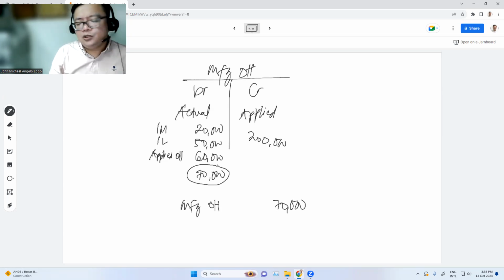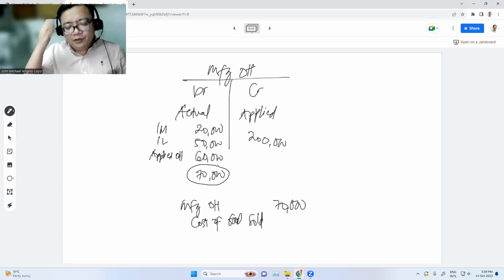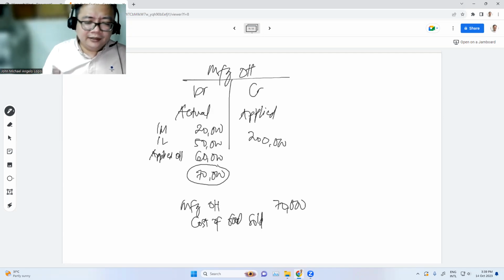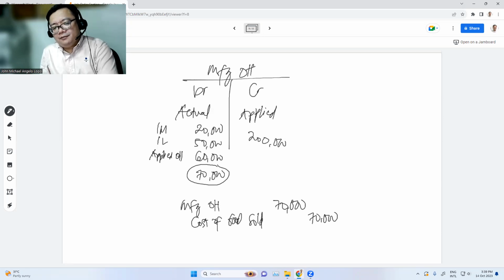And since you have your 70, that means you will reduce your cost of goods sold. Of course, our cost of goods sold here is 70,000. So we reduce it by 70,000.